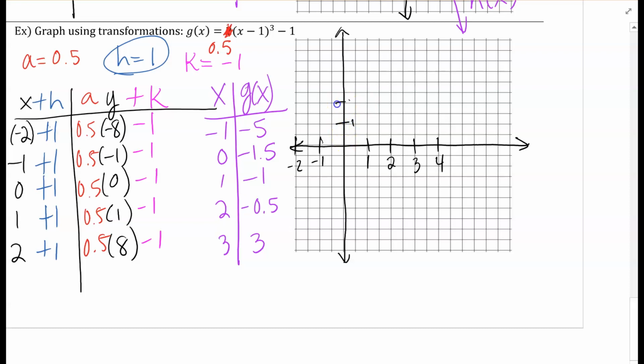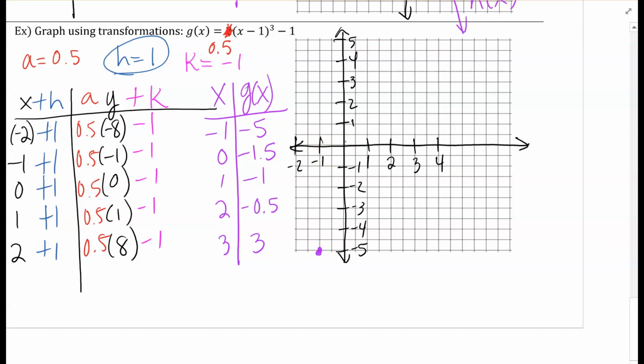So this is 1, 2, 3, 4, 5, -1, -2, -3, -4, and -5. So you can make your scale as big or small as you would like. You just need to tell us what your scale is going to be. Okay, so my x again is -1, and I'm going to go down to -5, and then 0.